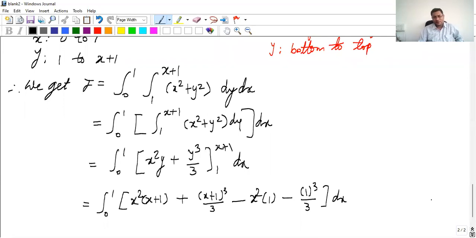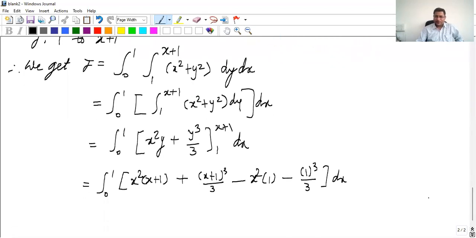Are you getting this one? So 0 to 1. What we can have? x cube plus x square plus x plus 1 cube by 3.